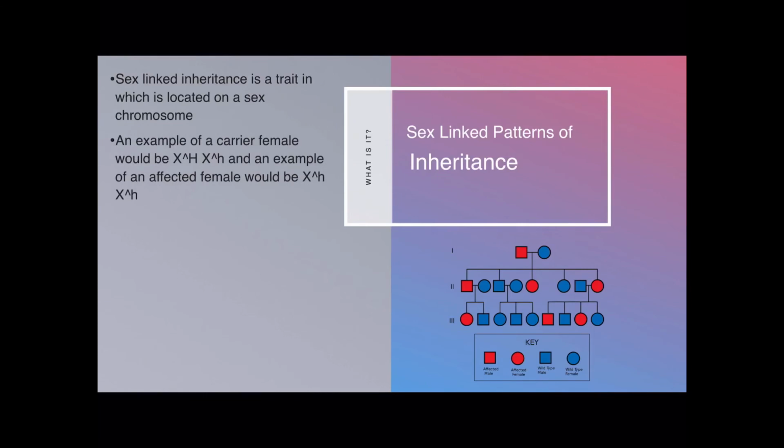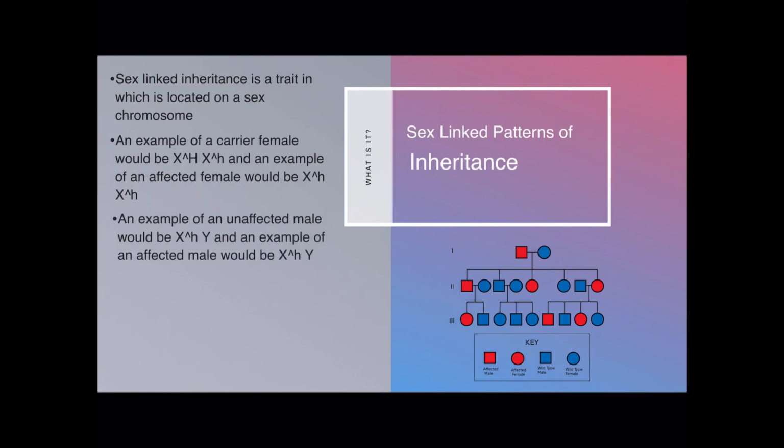An example of a carrier female would be capital X, capital H, capital X, lowercase h, and an example of an affected female would be capital X, lowercase h, capital X, lowercase h. An example of an unaffected male would be capital X, capital H, capital Y, and an example of an affected male would be capital X, lowercase h, capital Y.